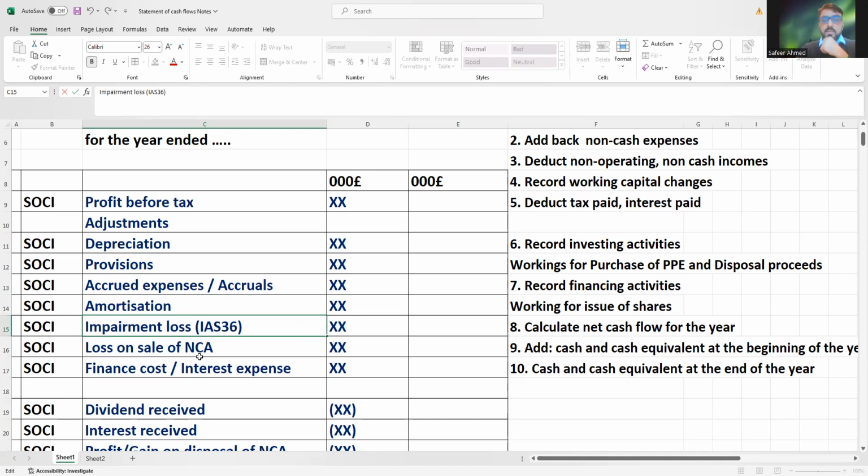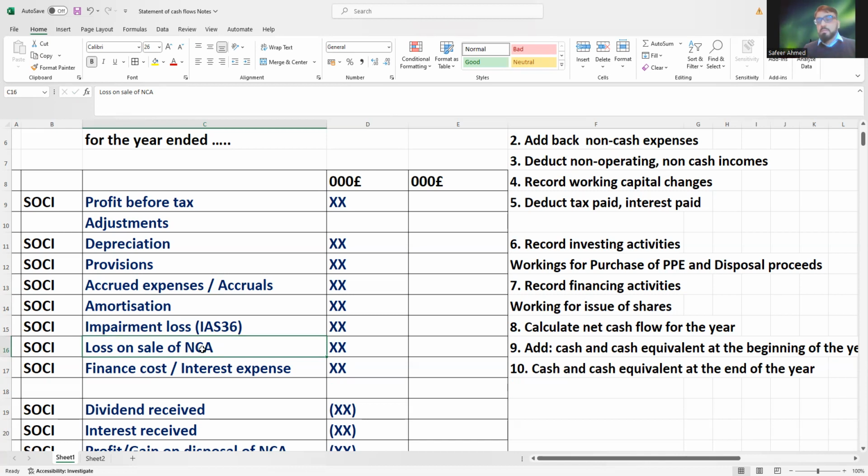Similarly, loss on sale of non-current asset or fixed asset. If you think about how we have created that loss, we compare the net book value of the asset, or the carrying amount of the asset, with the disposal proceeds. Now, carrying amount is cost minus accumulated depreciation.